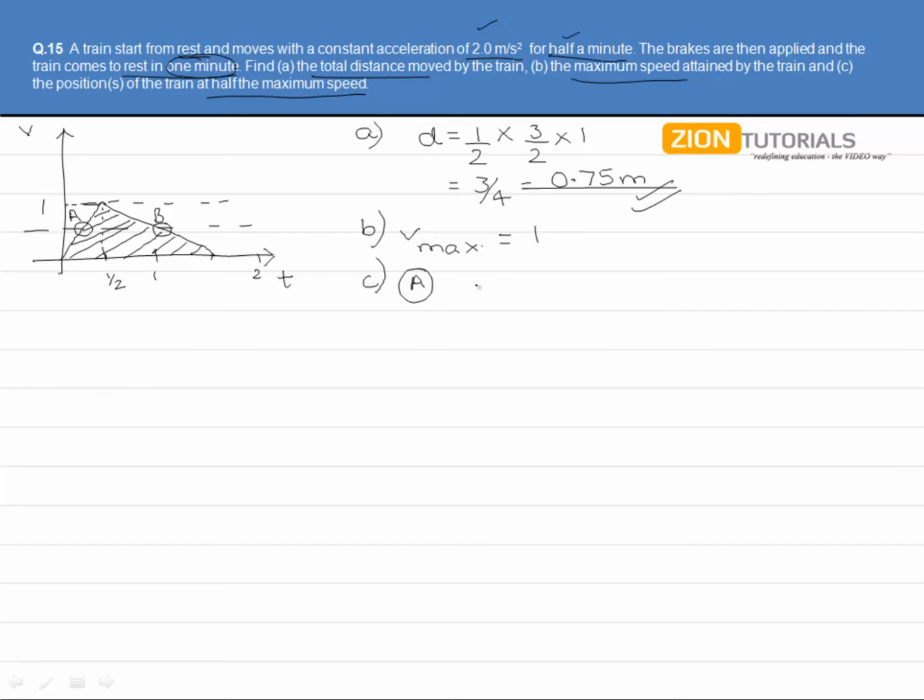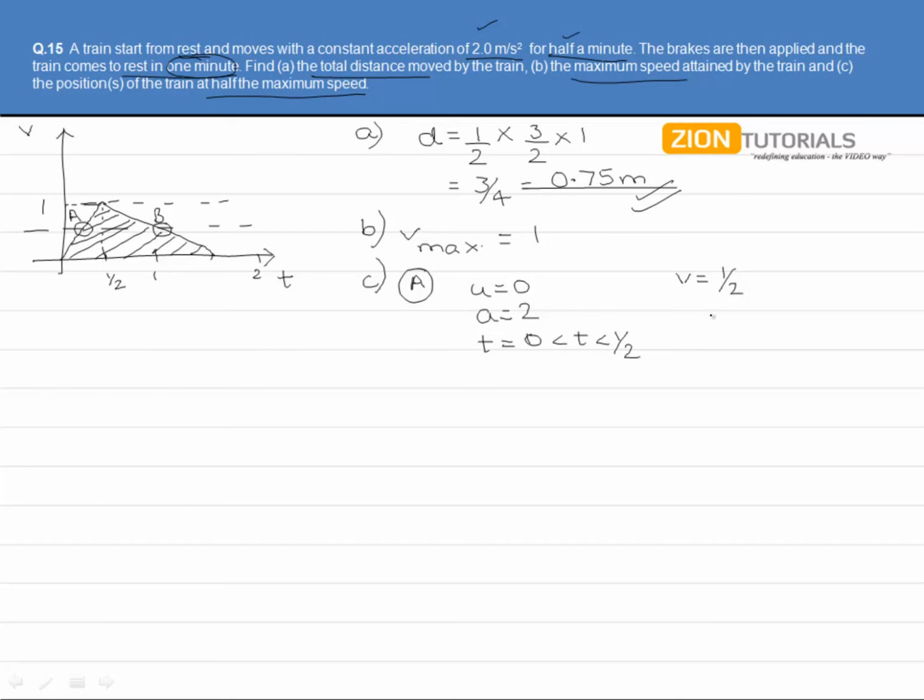For A, we can write u equals 0 because the train started from rest over here. We have the acceleration of 2, time t somewhere in between 0 to half. Final velocity, we have half of the maximum, that is half meter per second.